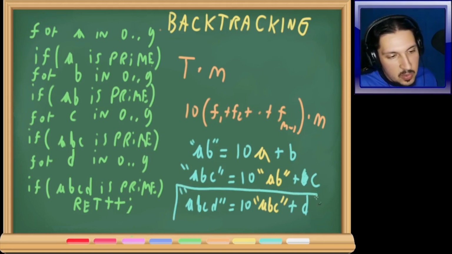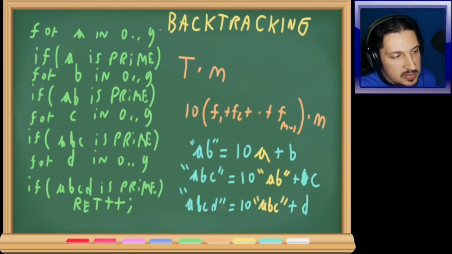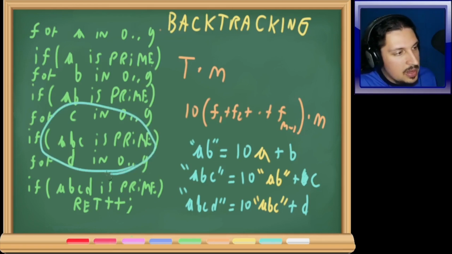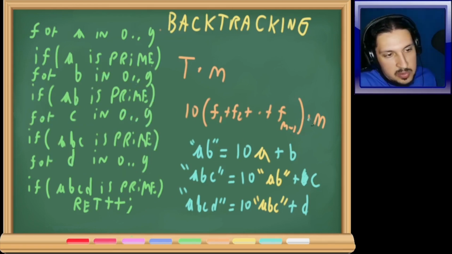And this is just one operation, or constant time. So by doing it this way at each step, we can spread the cost of this number building across all of the 4 digits, and thus the final complexity would be just t.